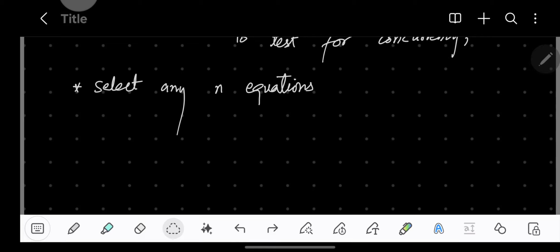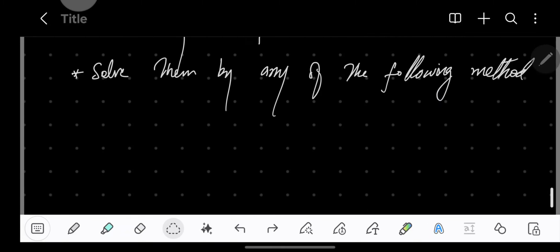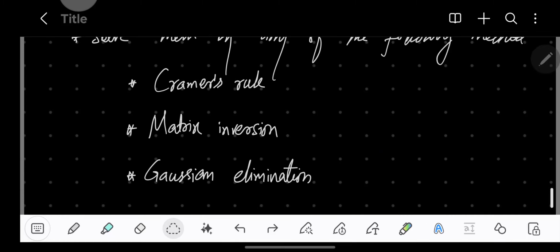Since there are n variables and more equations, you have to select n equations, I mean as many equations as you have variables. The next step is to solve those equations by any of the methods described here: Cramer's rule, the matrix inversion method, and the Gaussian elimination method.